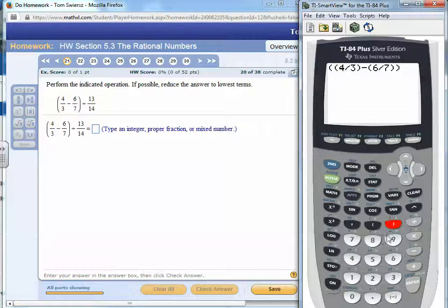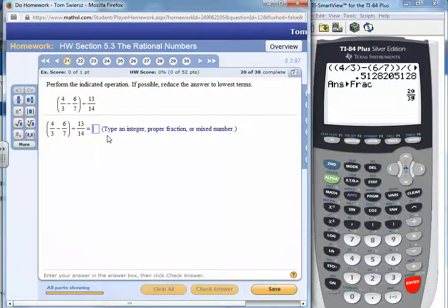And then we're dividing by the fraction in parentheses, 13 divided by 14, right paren, hit enter, and then math, hit enter twice, and we get 20/39.